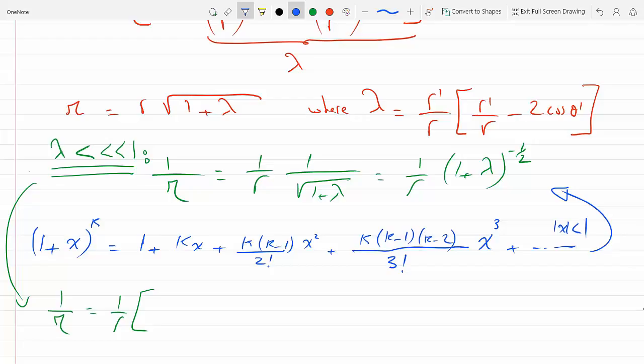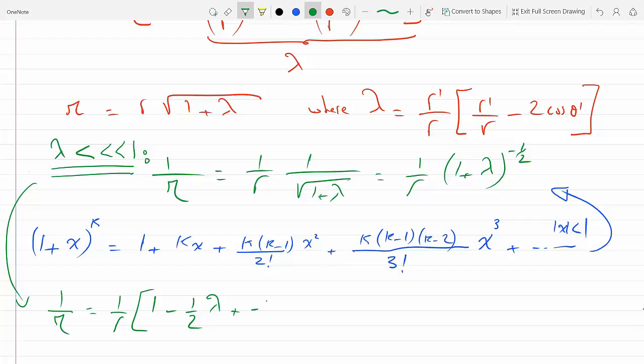This is the interval of convergence for our series. And we do have that in this case, because we just showed that lambda is a lot less than 1, because we're far from the charge distribution. So my x is lambda, and my k is minus half. So this becomes 1 plus kx, which is minus half, and x is lambda, so minus half lambda.